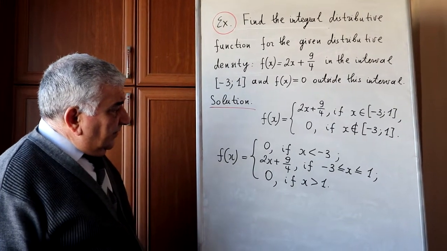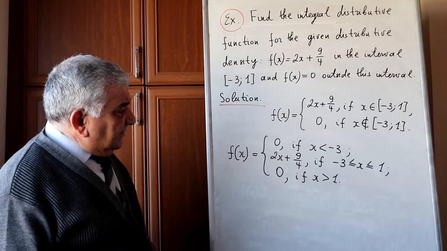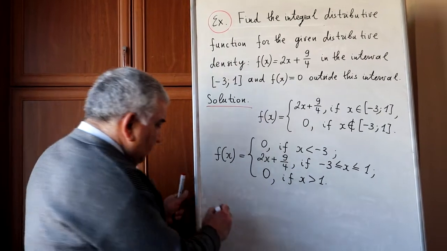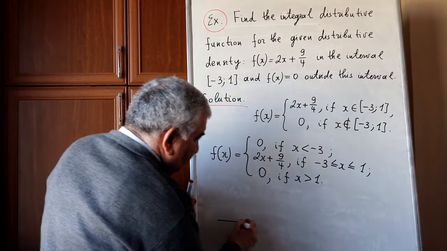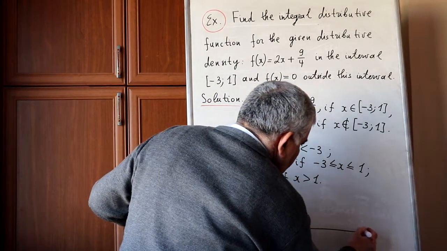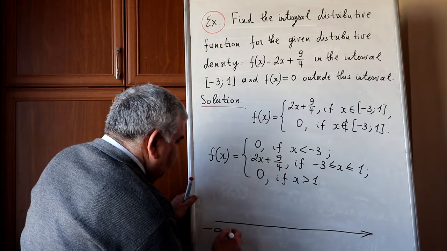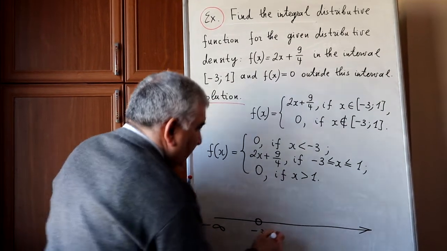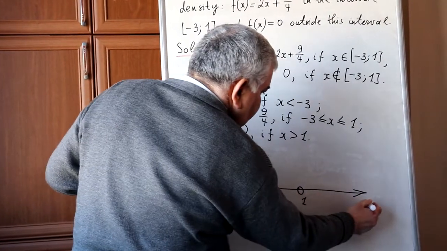Continue our lesson. Then consider the obtained three intervals according to this condition: minus infinity to -3, -3 to 1, and 1 to plus infinity.